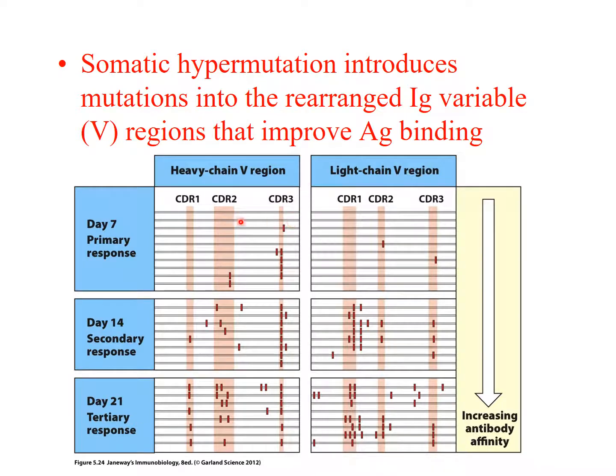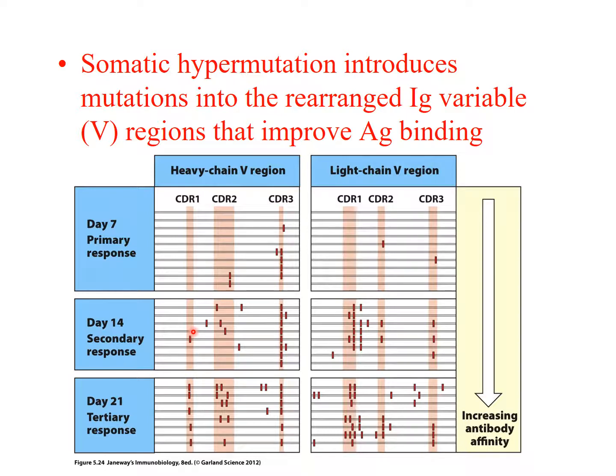What this is showing is that our one initial B cell starts going through clonal expansion: 1, 2, 4, 8, 16, 32. Now you've got hundreds, and within those hundreds, you start to see the accumulation of more and more point mutations. The point mutation can be good, bad, or neutral.